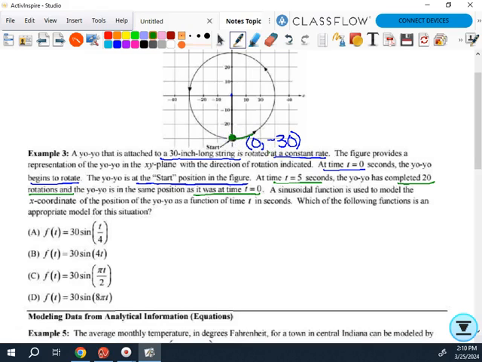But the ordered pair 5, negative 30 doesn't make any sense on the circle, because remember how I told you the graph of the unit circle is different than the graphs of the sine and cosine that we are doing, right? And so this is going to be 0, negative 30. And then this would also be 5, negative 30, because in 5 seconds I'm right there, over and over again, I just keep rotating.